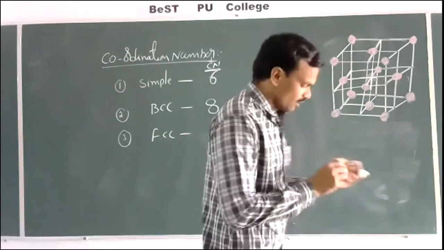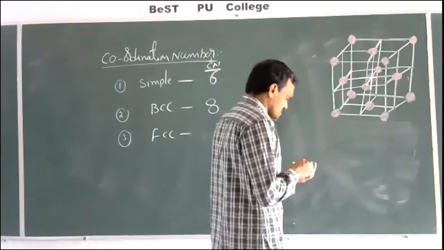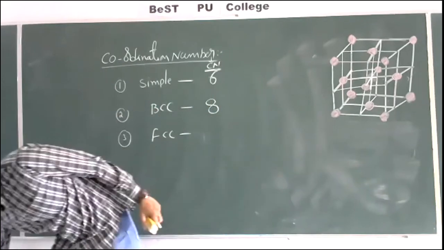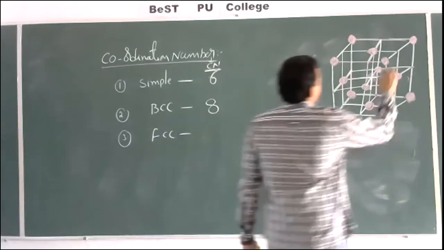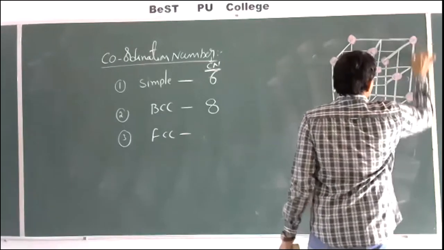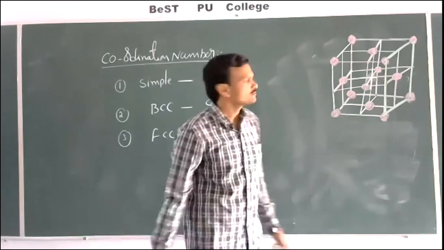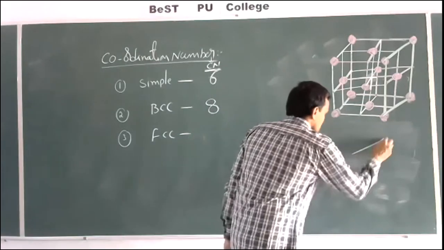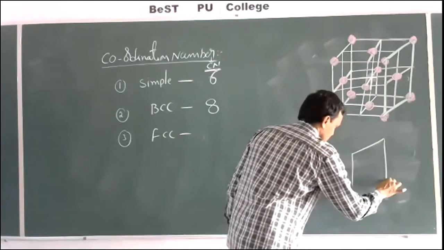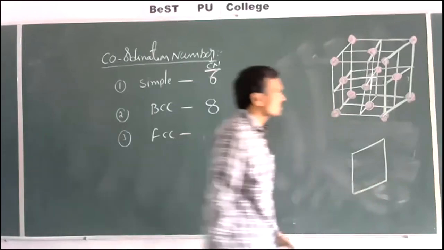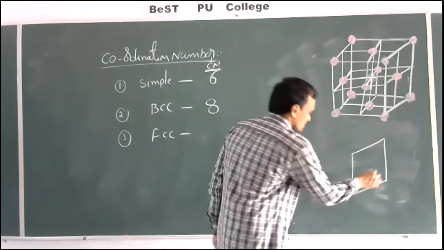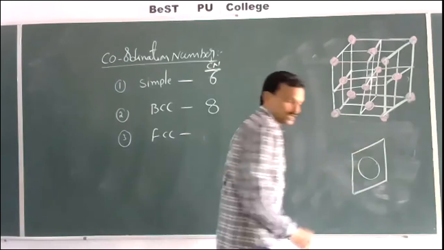Now, if you select one face, I am going to select one particular face here. This is the face that I have selected. What is the position of the particles? At the face center, one particle is there.